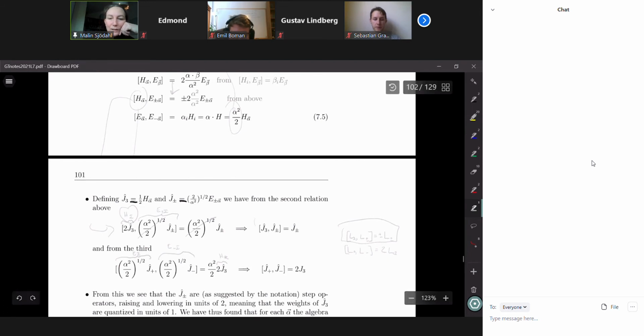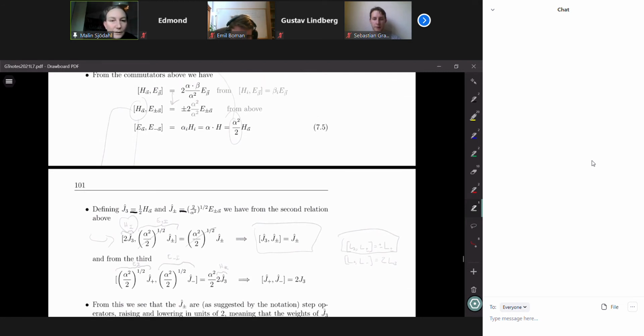So I obtain a relation of the same form. So that is for one of my root vectors. I have obtained a set of commutation relations that is similar to what I had for SU2.